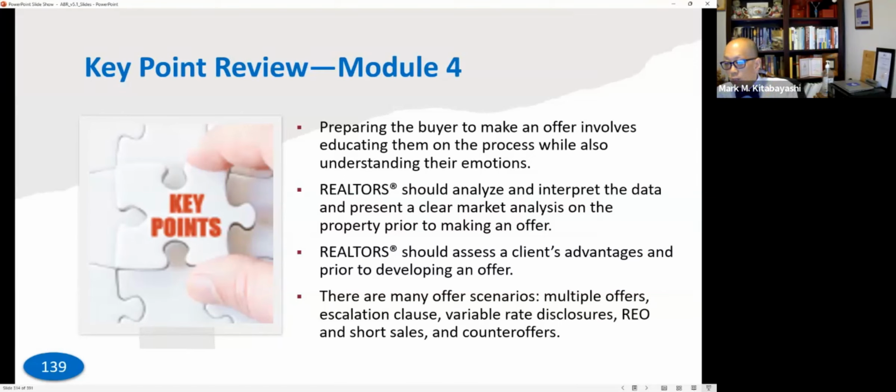Realtors should analyze and interpret the data and strategize with it, and assess clients' advantage prior to deploying an offer. There are many offer scenarios: multiple offers, escalation clause, variable rate closure, REO, and so on. You need to understand all of that.